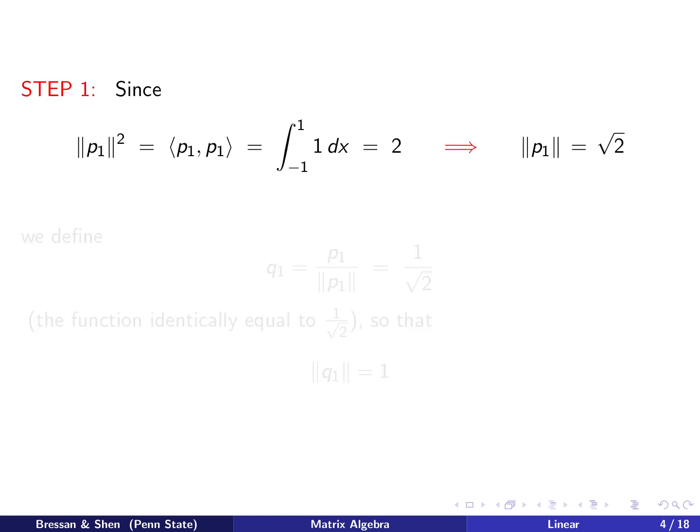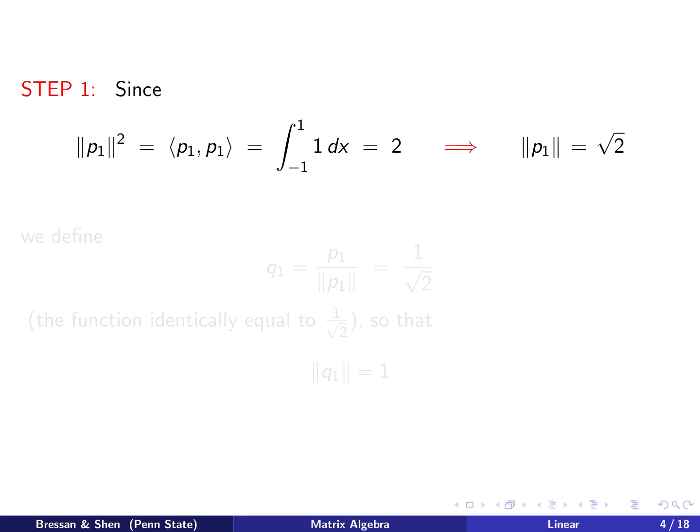To solve this problem, we can simply follow the Gram-Schmidt algorithm, replacing the vectors there with our functions, and replacing the vector inner product with the inner product for functions, that is the integral. Okay, so let's start. Step 1, let's first compute the norm of P1.